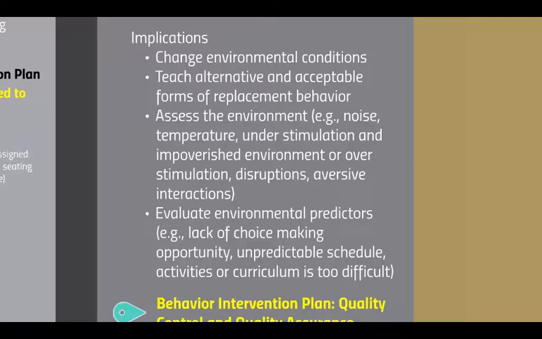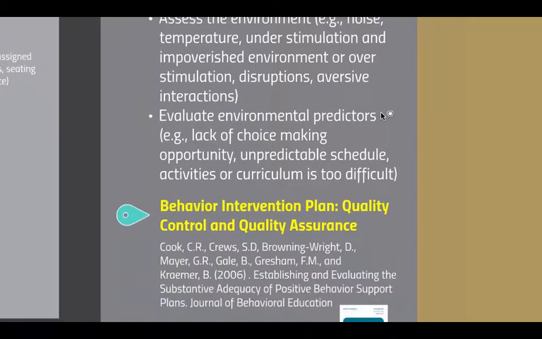We must be doing things on a simultaneous track, teaching functionally equivalent replacement behavior, adjusting the environment so that the antecedents are no longer present, and arranging for different consequences when problem behavior occurs. So we're evaluating the environmental predictors and integrating that into our plan as well.